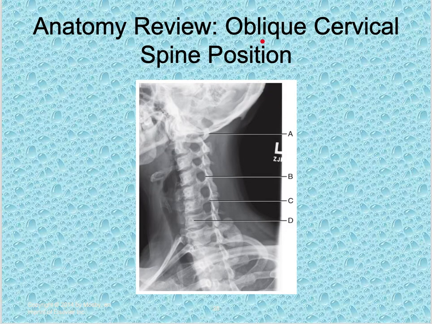So oblique cervical spine. In the oblique, we are seeing these intervertebral foramen. We have C1. C1 has a posterior arch and an anterior arch. No body, and no spinous process. Just the arches, anterior and posterior.